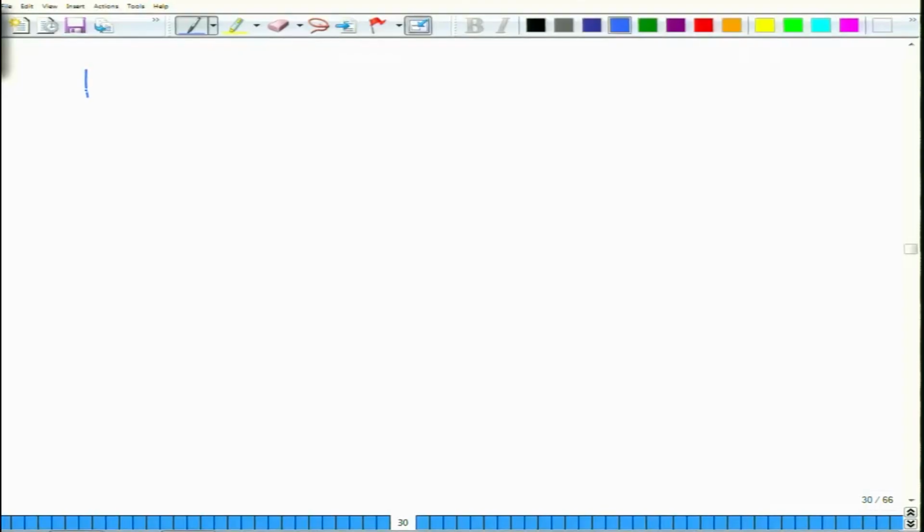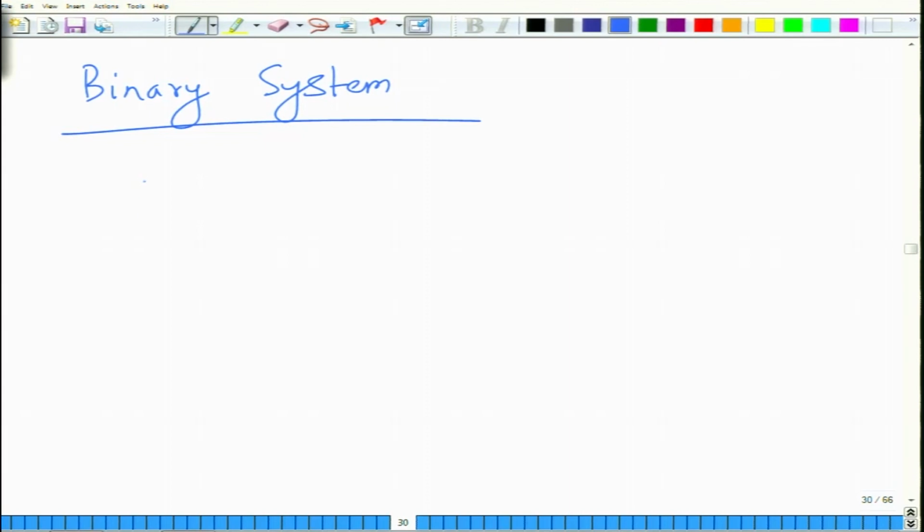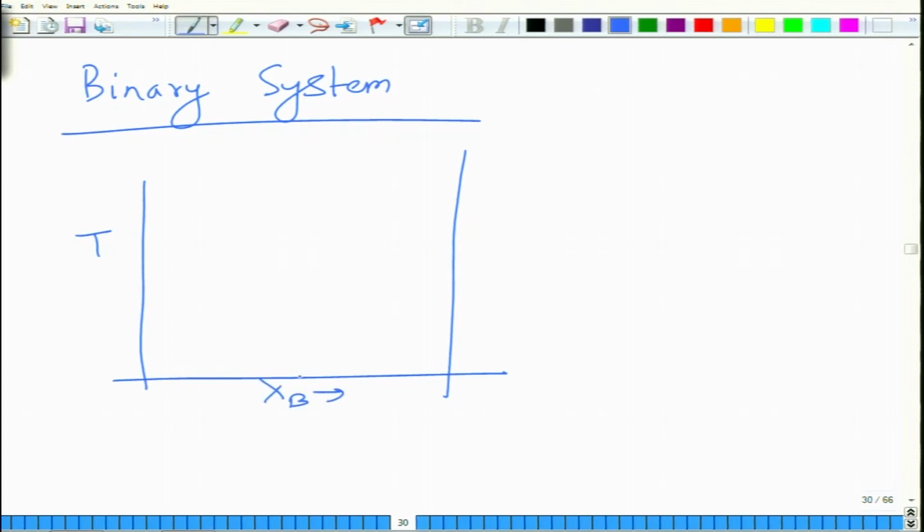You can apply the same logic to binary systems. So we can see in case of binary systems, you have a phase diagram like this: temperature, composition, so you have liquid plus solid.